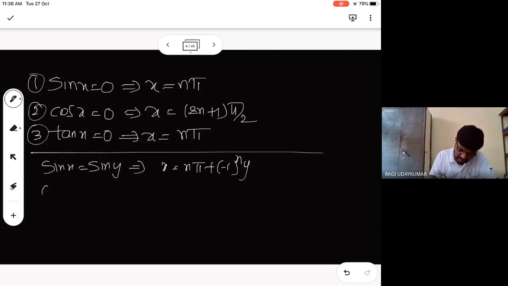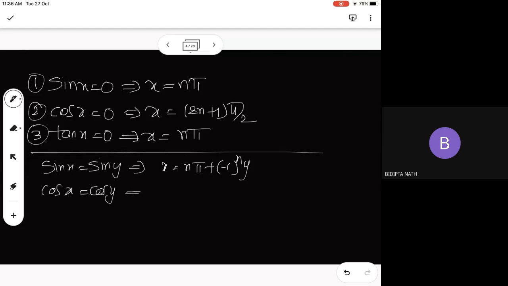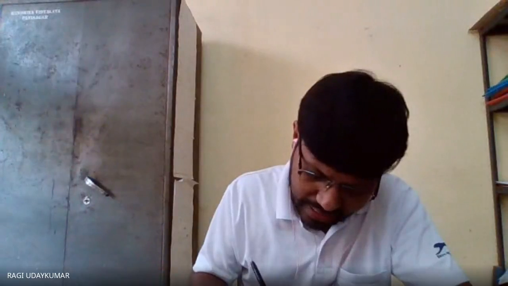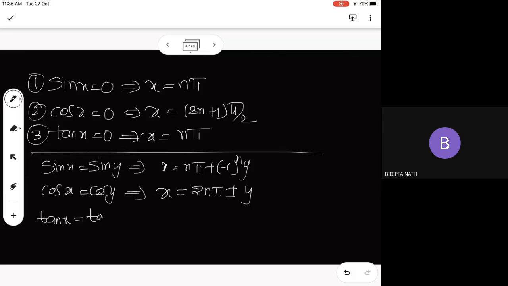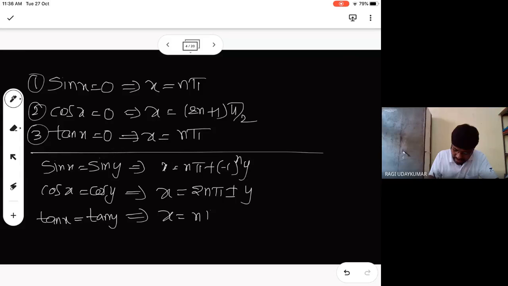Cos x equal to cos y means x equal to 2n pi plus minus y. Very good. Tan x equal to tan y means x equal to n pi plus y. These are the main things every time you should keep in your mind.